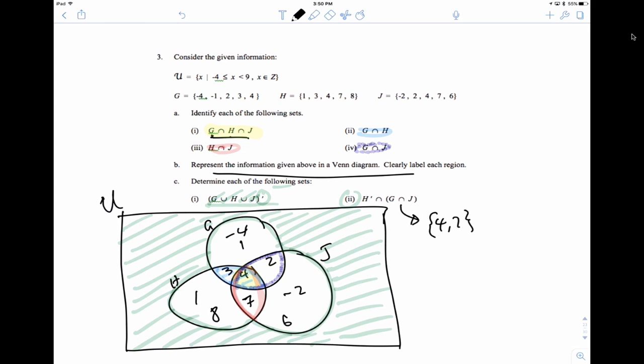Now we're looking for an intersection not H. So not H. Not H is, and again, easier off the Venn diagram, I think.